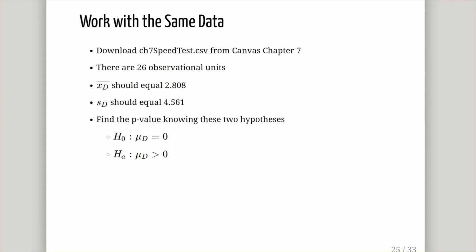Therefore, there are 26 pairs of student measurements. I took all those 26 students, averaged out their differences between their dominant hand and their weak hand. The sample statistic was an average of 2.808. I took the standard deviation of those 26 differences, and that standard deviation was 4.561.